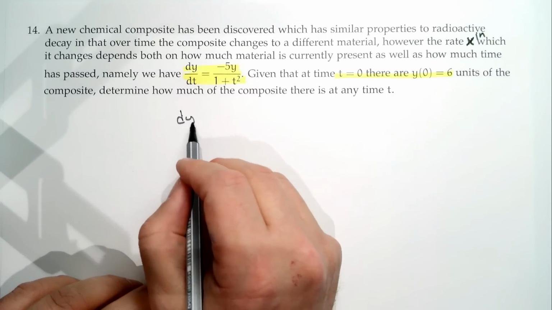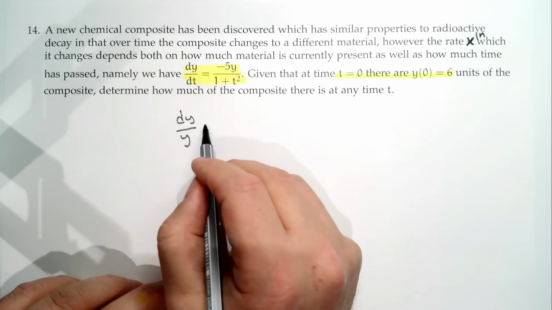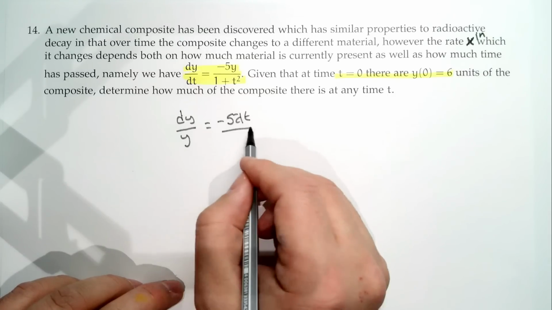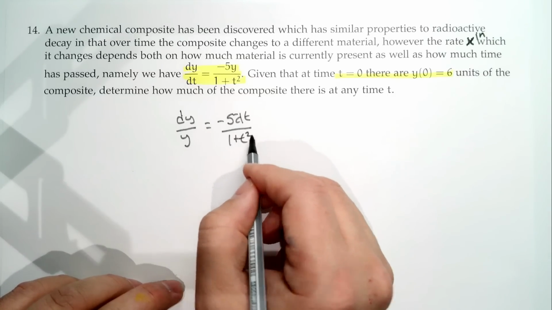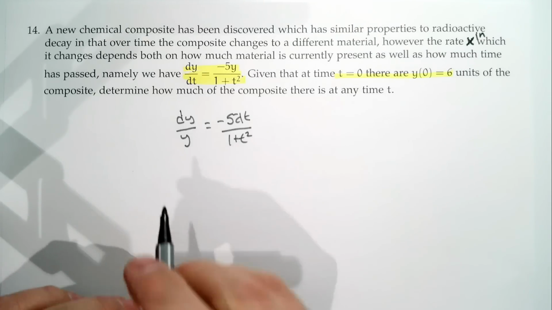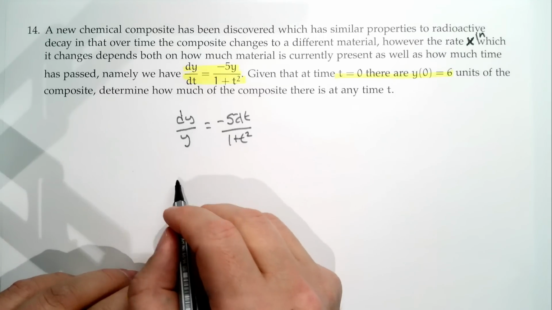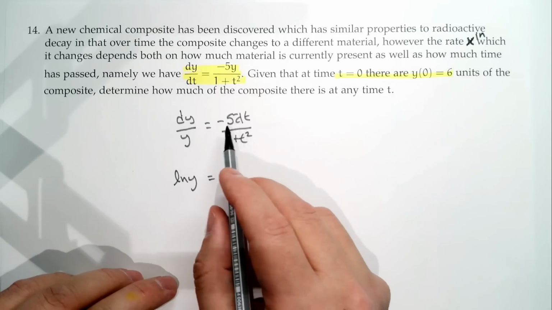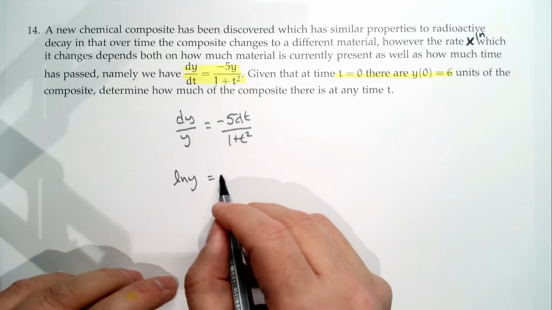So I can say dy over y is equal to -5 dt over 1 plus t squared. In this case, it's very easy to separate. It's just sitting there, ready for us to pluck it. We integrate dy over y, natural log y, equals the integral of negative 5 dt over 1 plus t squared.